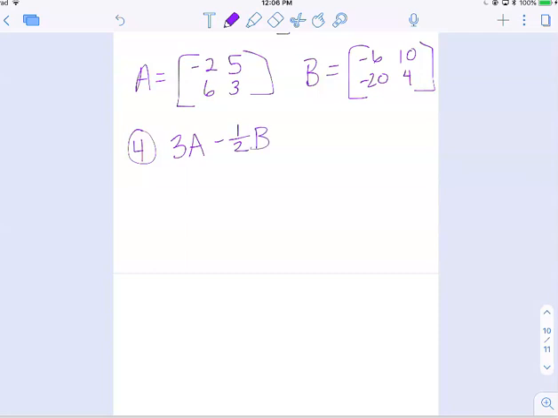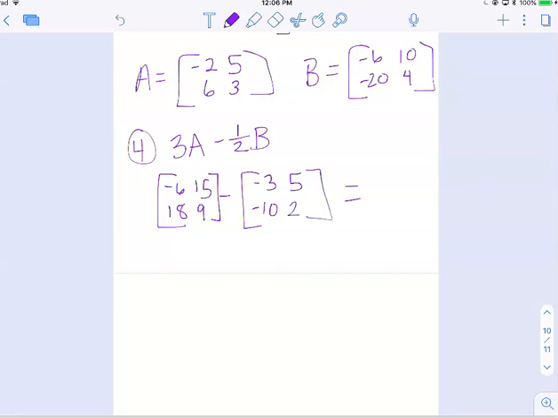So the easiest thing to do is write that matrix. So let's triple that matrix here. It's -6, 15, 18, and 9, minus, we're doing half B, so -3, 5, -10, and 2.